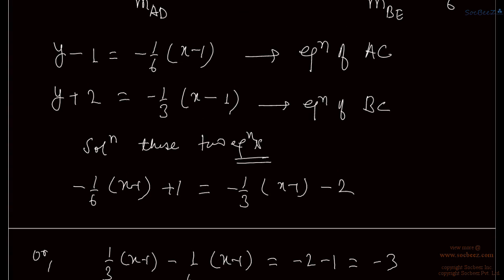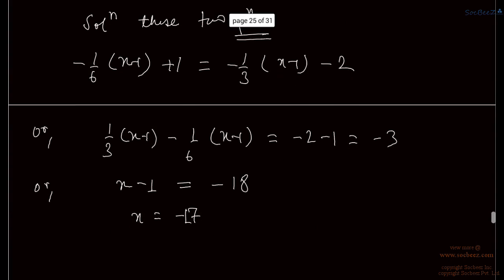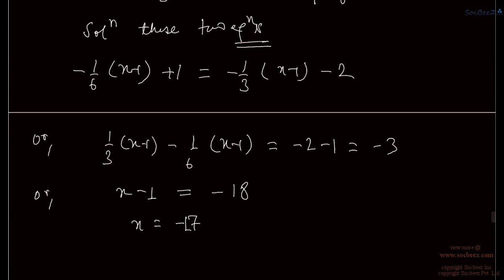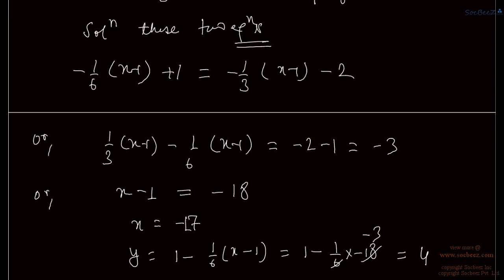So substituting this on any of the equation, on AC or on BC, we will be getting y. So y is 1 minus 1 by 6 x minus 1, okay. So 1 minus 1 by 6, x is minus 17, minus 1, which is minus 18, that is minus 3.